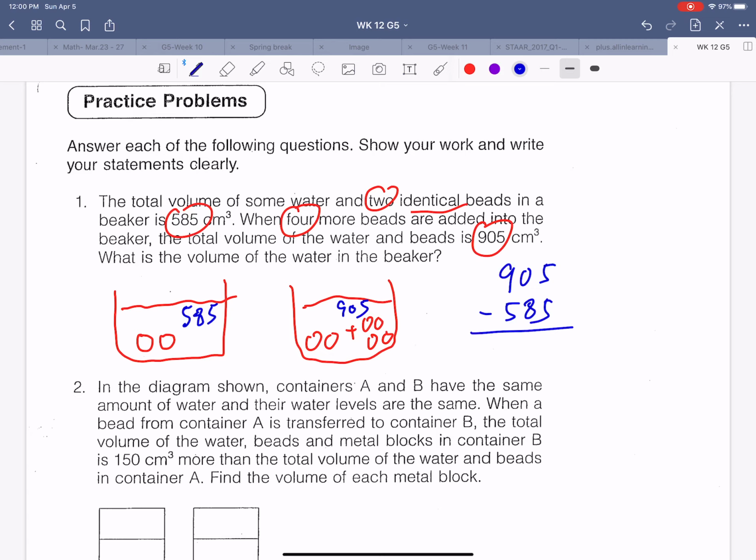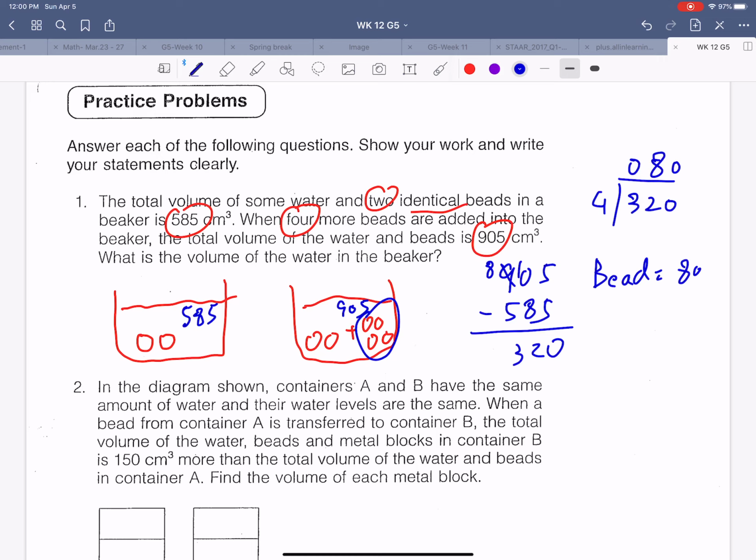Calculate this by yourself. 0 is not big enough, so borrow from the next one. So that means 320 more centimeters cubed. That's 4 beads. So you do 320 divided by 4, because we have 4 more beads, which is 80. So each bead is 80.